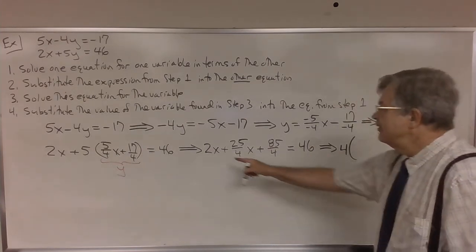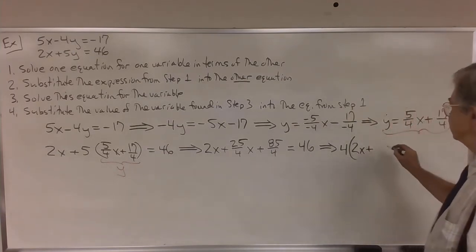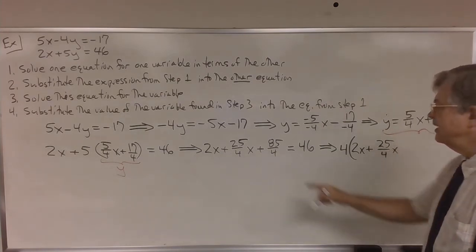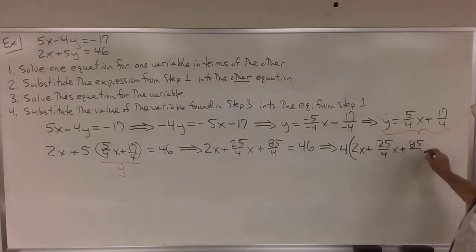Okay. 4 times 2x plus 25 over 4x plus 85 over 4 equals 4 times 46.